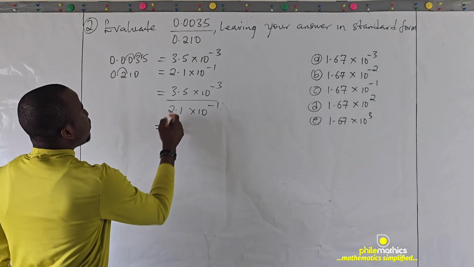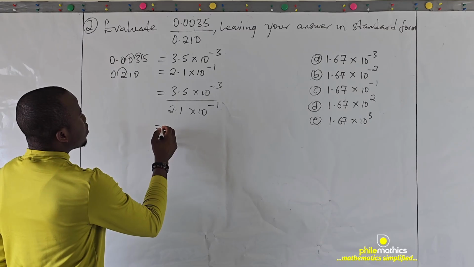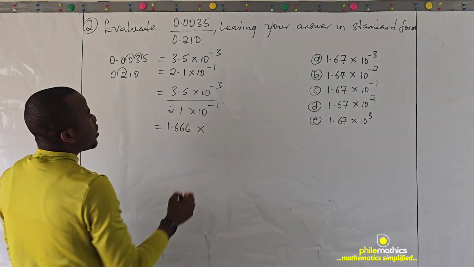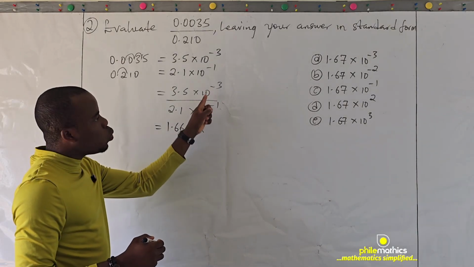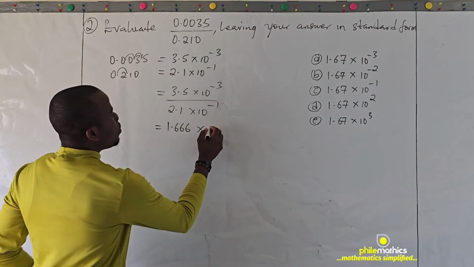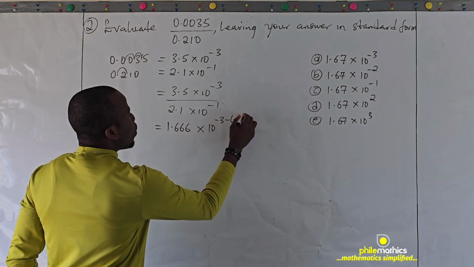So if I divide this with this, I will get 1.666 times, from laws of indices, when I'm dividing two numbers with the same base, I subtract their powers. So this will be 10 to the power minus 3 minus 1.